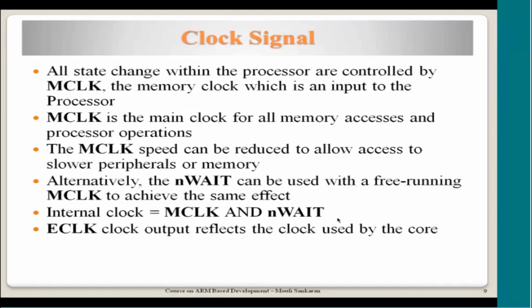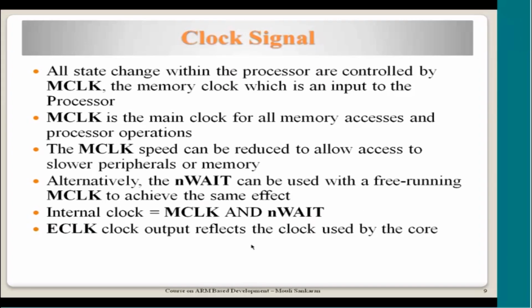So if you want to stop or stall the processor, make this nWAIT low when the MCLK is low, and keep it as long as needed. Whenever you want the processor to run again, you can make nWAIT high, and then when the MCLK becomes high, the processor starts running.